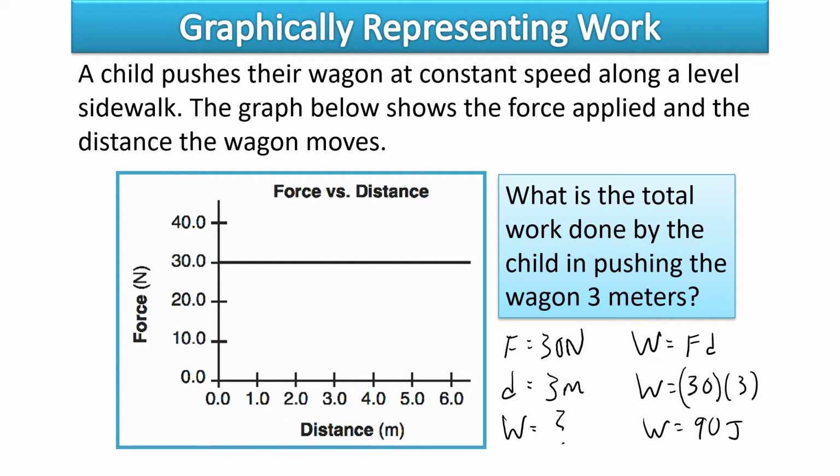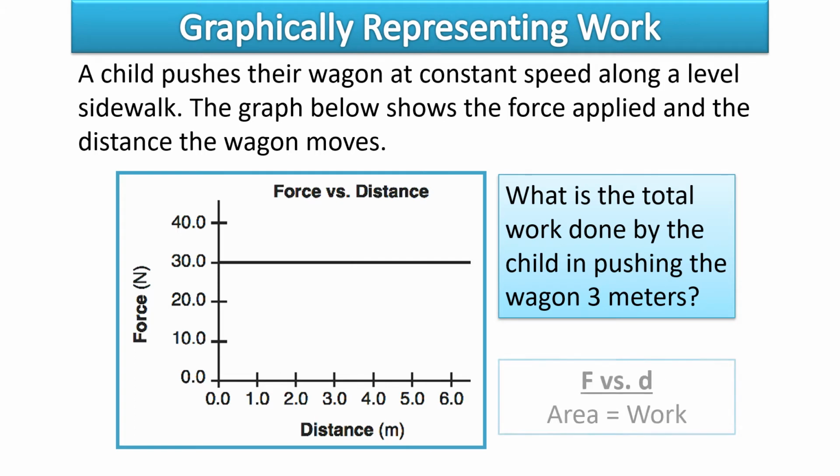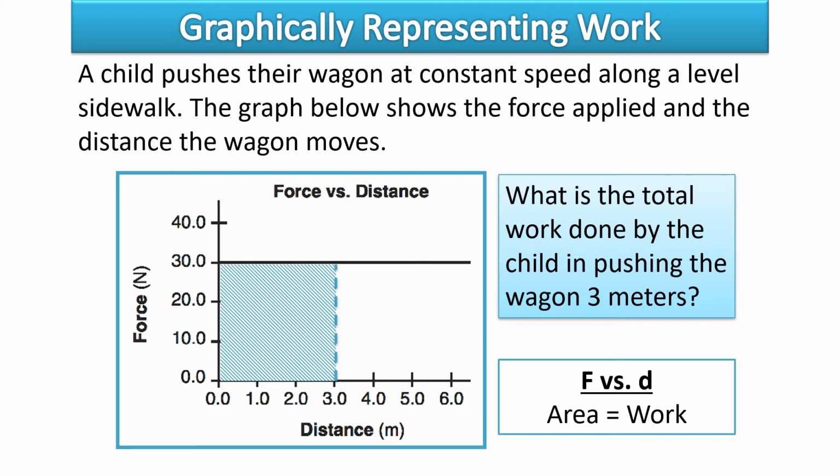We said that the force is on the y-axis, so that's like the length of a square, and the distance is like the width of a square. So you could actually find the area underneath the curve. In an F versus D graph, the area is equal to the work. So that area is equal to 90 joules of work.